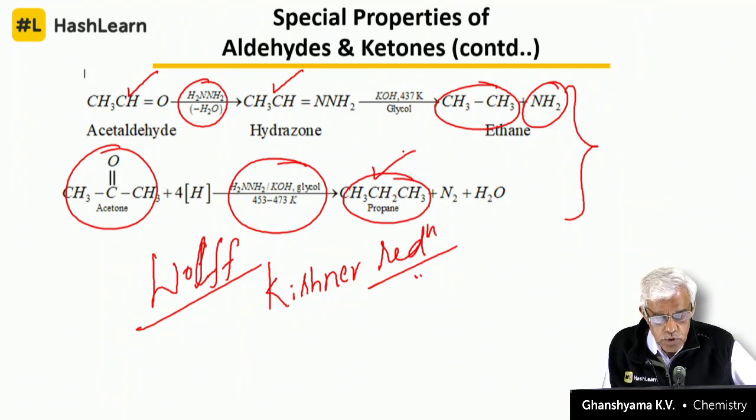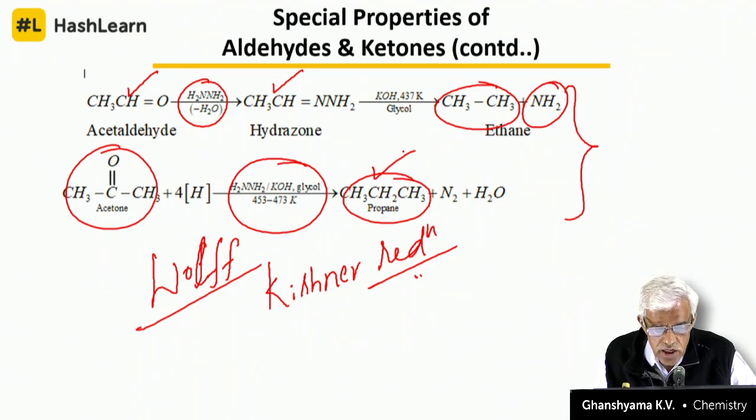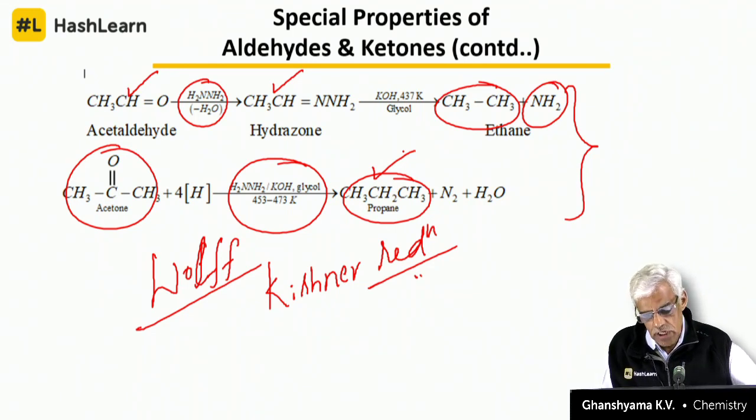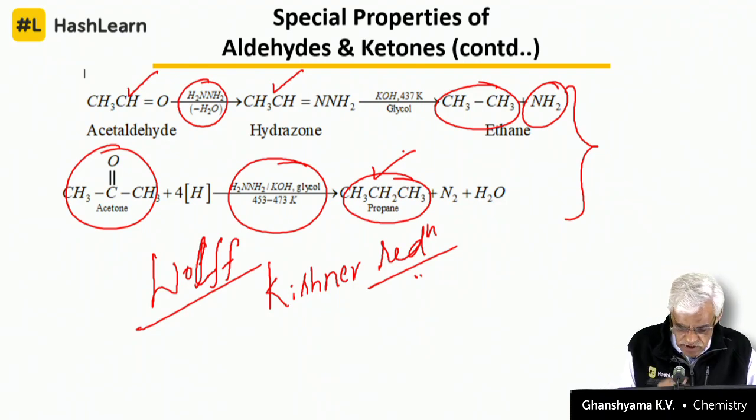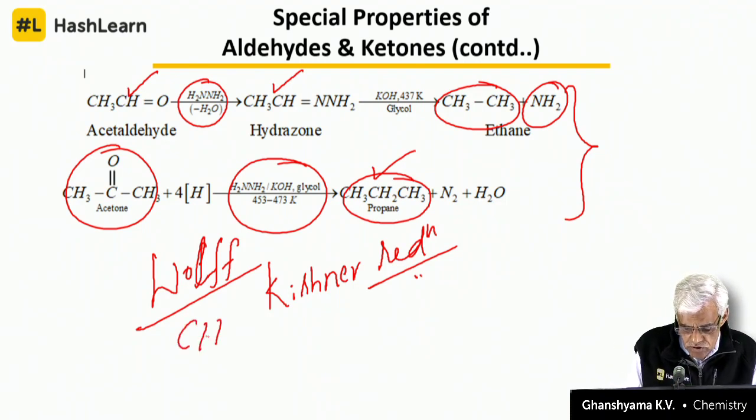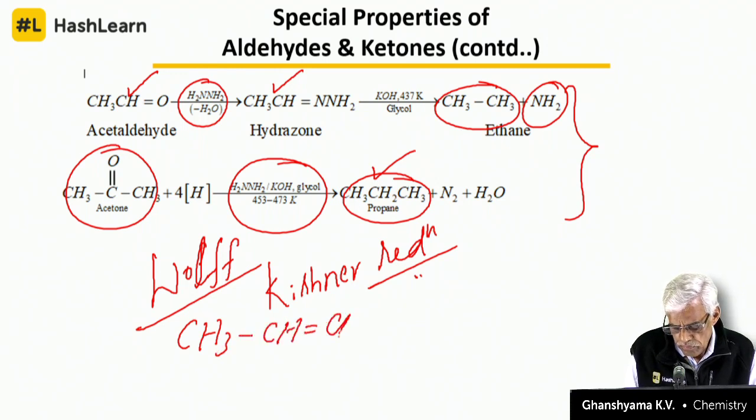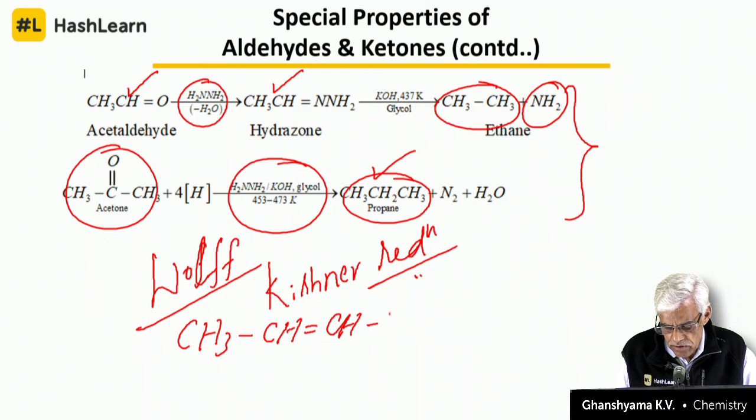You may ask me the question, what is the speciality of Wolff-Kishner reduction when we have a simple reaction like zinc amalgam and concentrated HCl? The reason is, suppose you have a reaction like this.